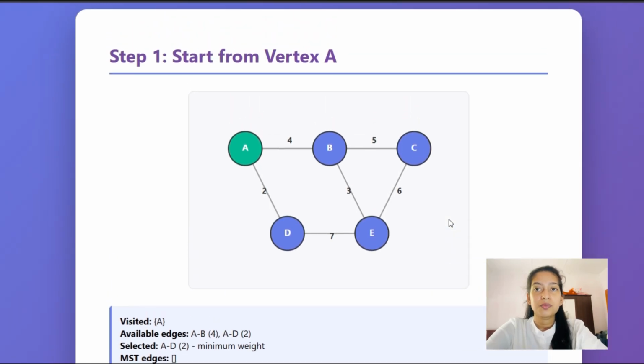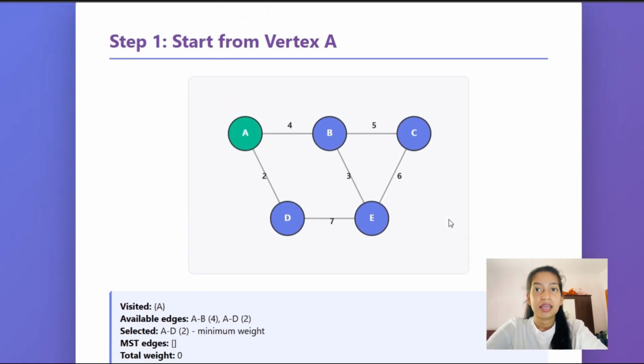Let's see how Prim's algorithm builds the MST step by step. First step, we start by selecting vertex A and marking it as visited. You can see vertex A is now highlighted in green. Now from vertex A, what edges can we consider?